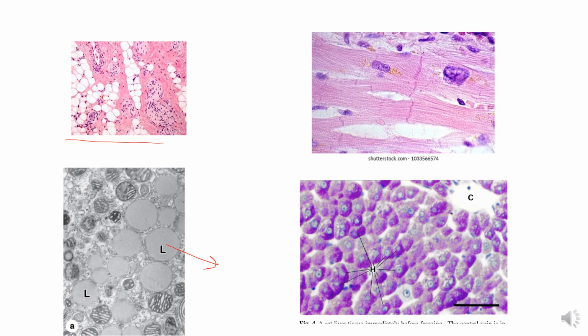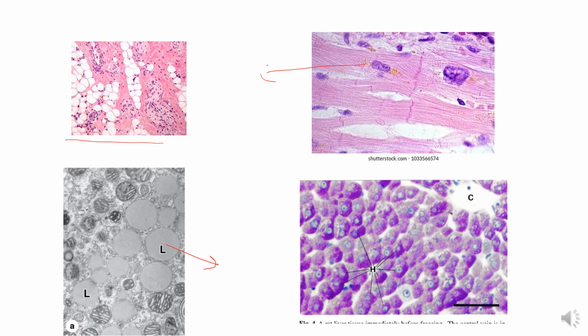Then comes lipofuscin. You can see here this is the cardiac muscle. As I have told you before, they accumulate in non-dividing cells, and these are the cardiac muscle cells, and they appear as brown or yellowish material. Then comes the glycogen.